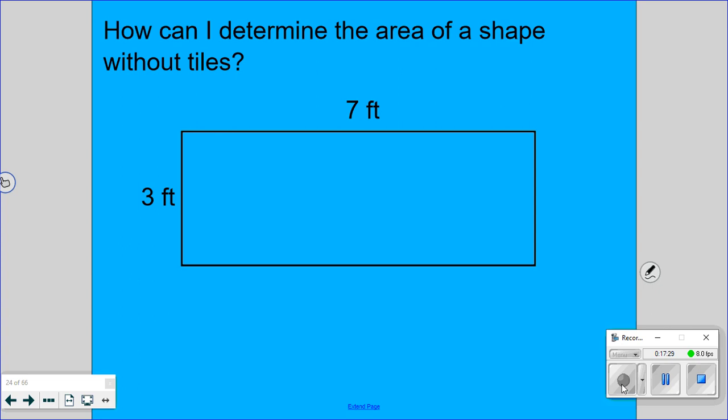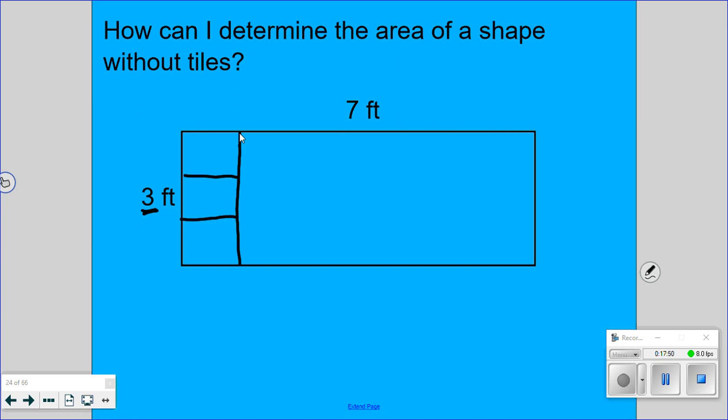Connor said there's going to be 3 squares here. You're exactly right, Connor. We know that because of this number right there. That width, that dimension, tells us there are 3 squares. Do we know anything else?